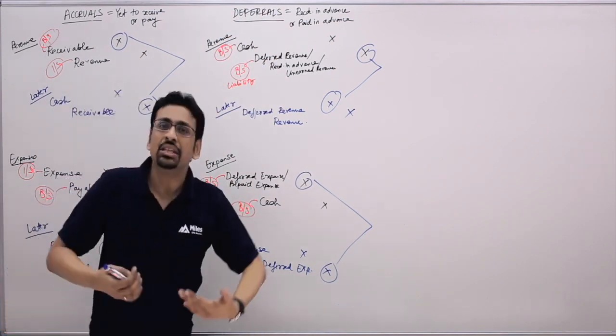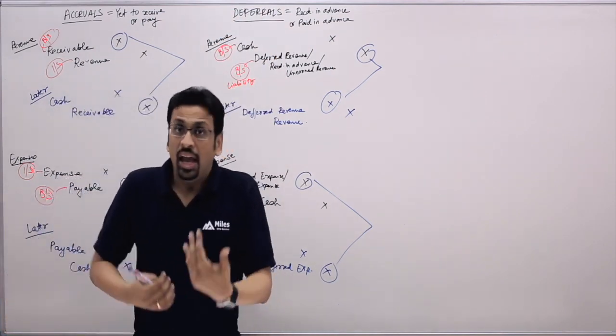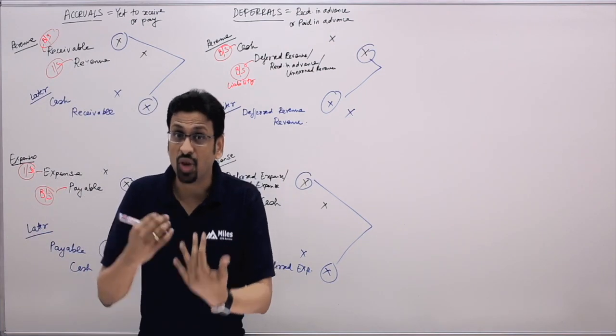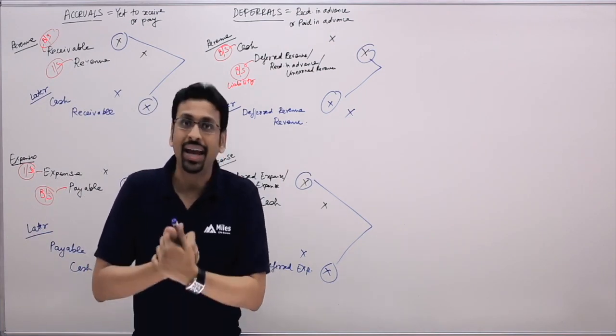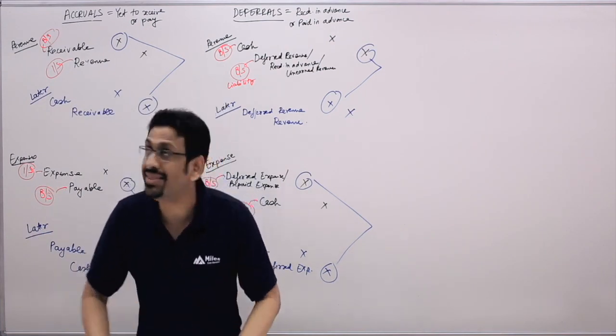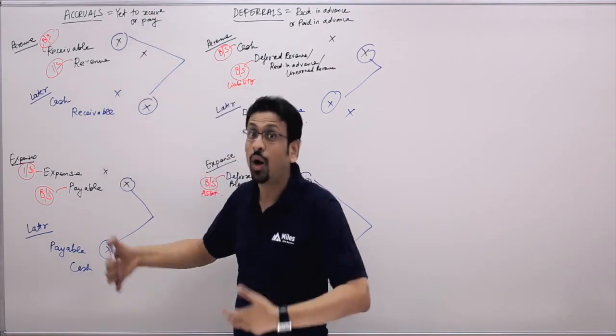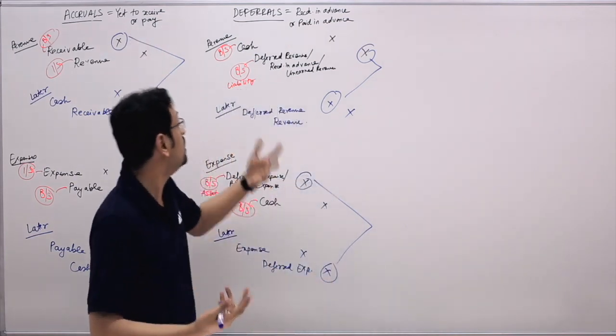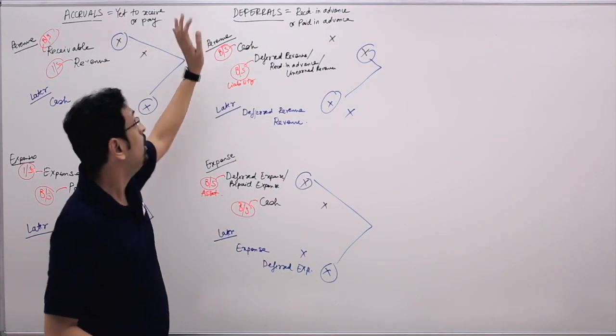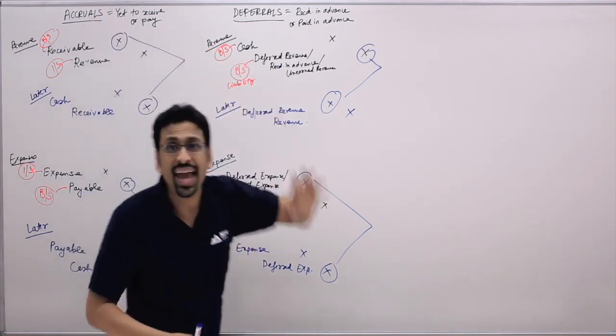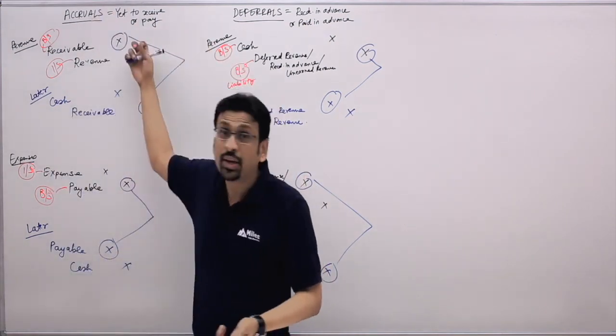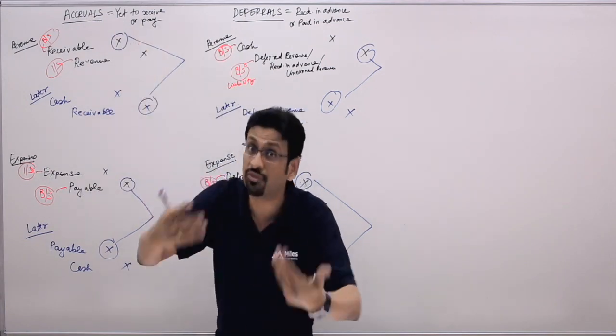So guys, this is basically, if things are not happening in cash, if it's not happening right away, so it's like earned and not yet realized, then you would have accruals. Or it's realized but not yet earned, then it would be a deferred. So accrual is cash is yet to come, you're yet to see the money or you're yet to give the money.